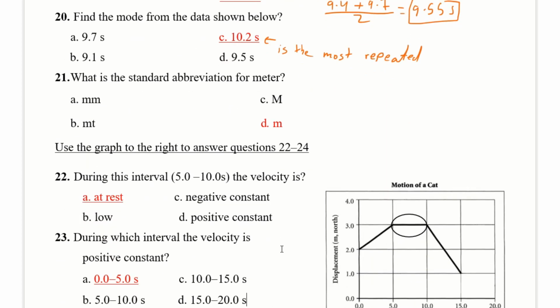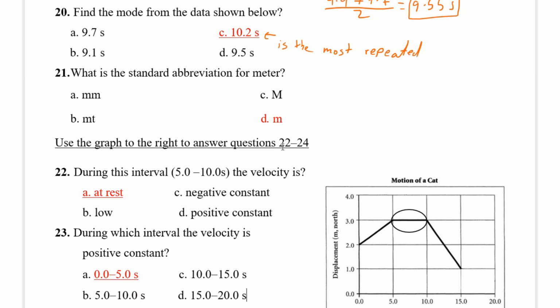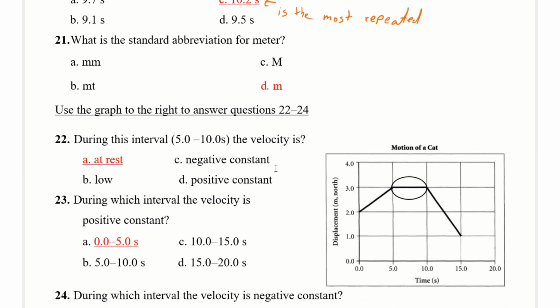Use the graph to the right to answer questions 22 to 24. During the interval 5 to 10, the velocity is what? The one that is circled, 5 to 10, is at rest. During which interval is the velocity positive constant?